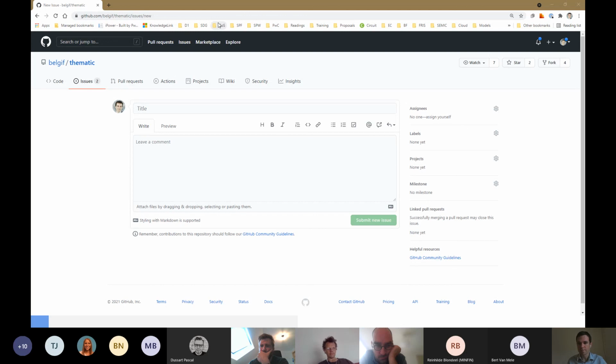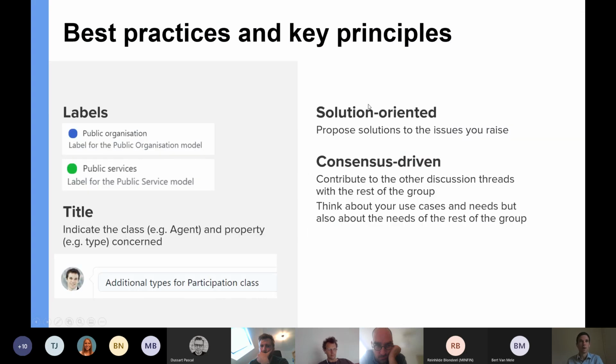That's what I just explained with the labels and the title. The idea of using GitHub is simply to have a basis for analysis and contributions in general to discuss during webinars.